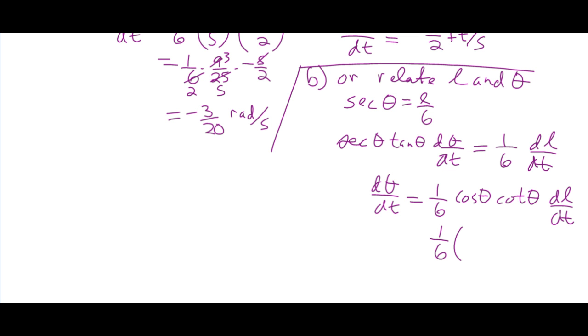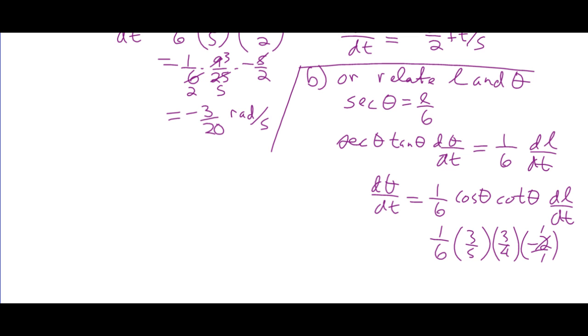So 1/6 cosine, which we figured out was 3/5. So cotangent has got to be 3/4, and dL by dt is -2.